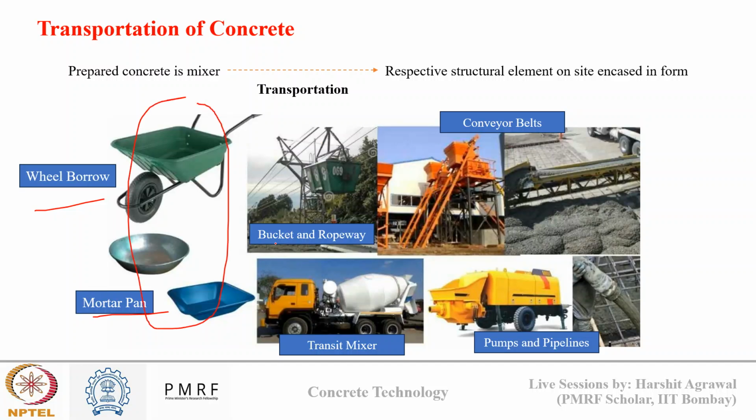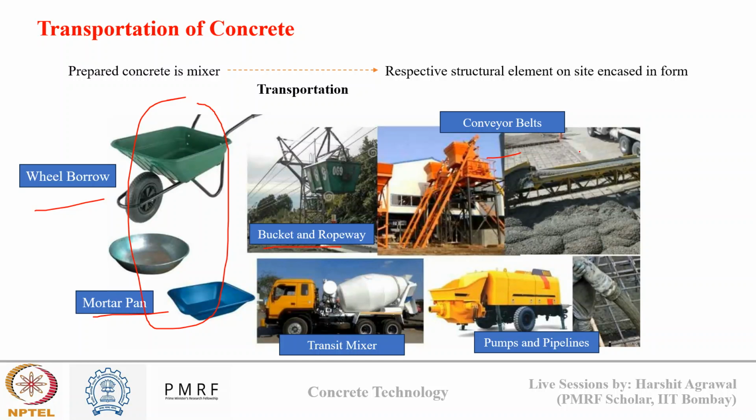Then we have bucket transport through ropes, which is again commonly used for large scale projects like high rise building. There are conveyor belts, which are often used for horizontal distance transport from mixing station to pouring station. A conveyor belt can also be used in RMC, to move concrete from an agitator truck to the pour location.